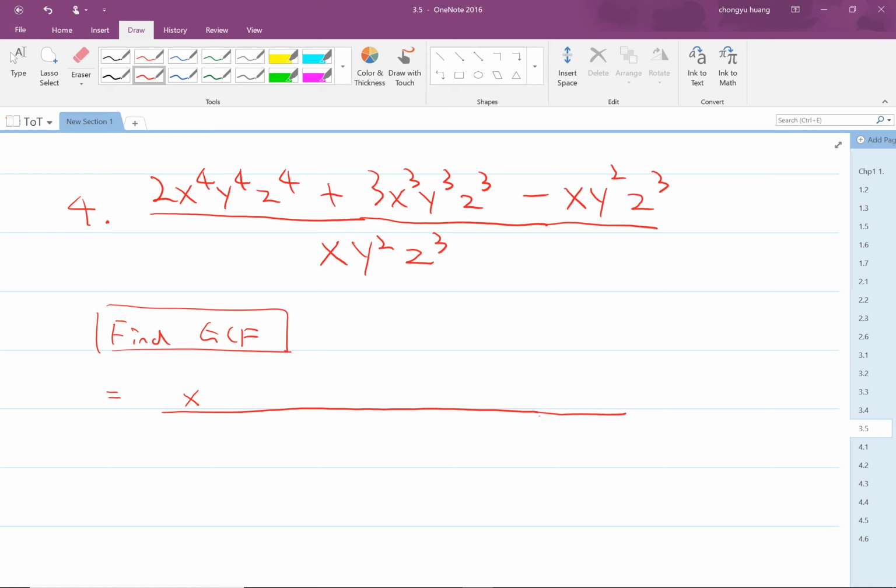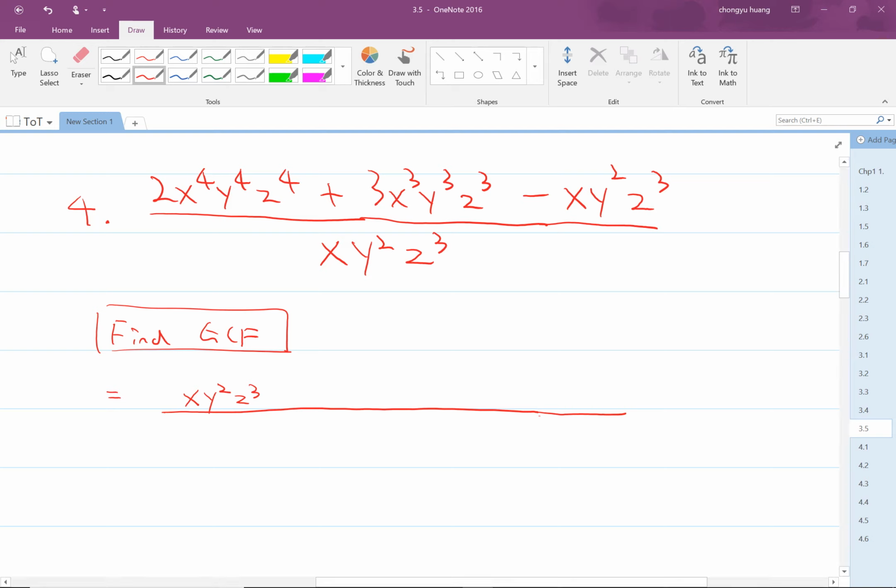Looking at y to the power 4, y to the power 3, and y to the power 2, you write down y to the power 2. And for z to the power 4, z to the power 3, z to the power 3, z to the power 3 is the greatest common factor. So now you finally find the GCF, which is x y squared z cubed.